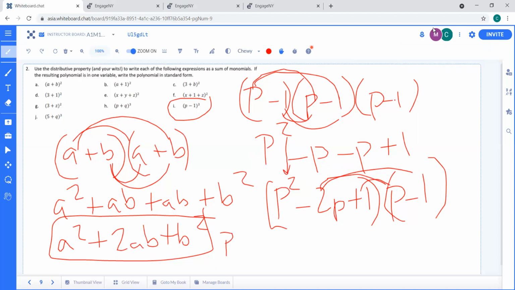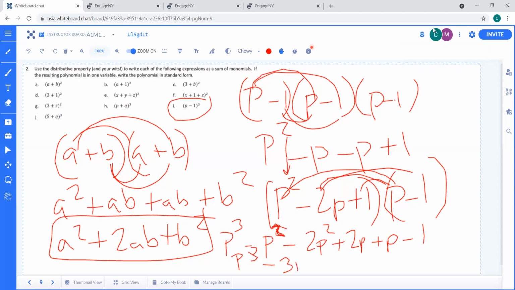So now that's P cubed when I do that, minus P squared, minus 2P squared plus 2P, and then plus P minus 1. So P cubed. All right, and then our negative P squared, that's negative 3P squared plus 3P minus 1 when I combine all of those terms.